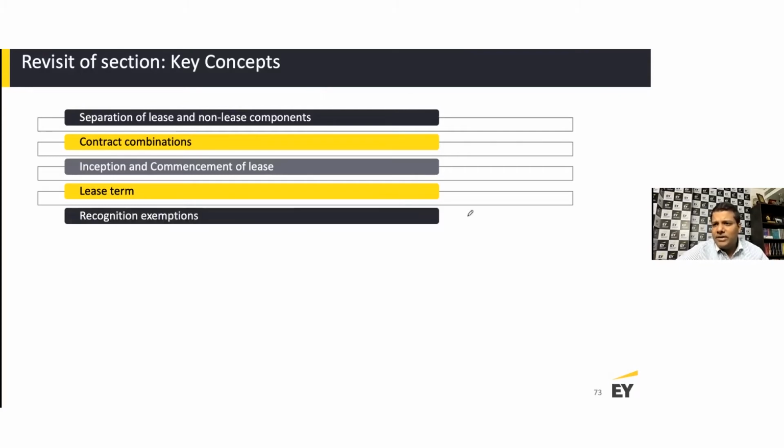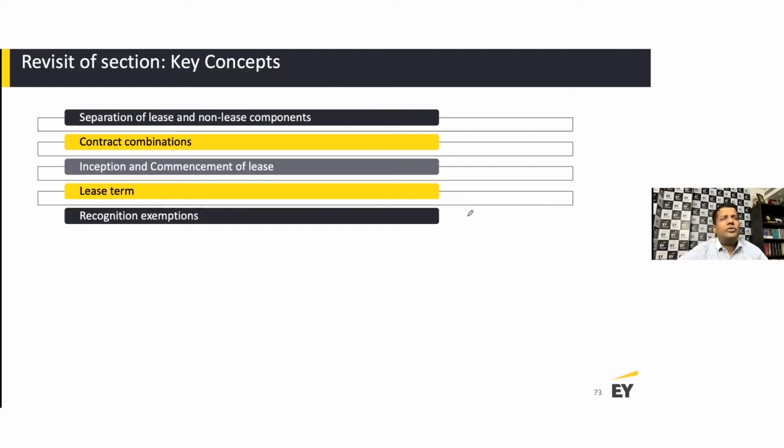We talked about certain recognition exemptions, recognition exemption for short-term leases, which are leases of less than 12 months. But let's say you are doing an 11-month lease and you are reasonably certain that you are going to renew it, then that will not qualify as a short-term lease.